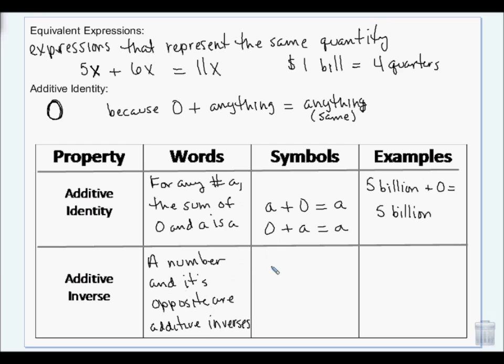So if you do A and you add to it the opposite of A, or negative A, you get 0. Other examples of additive inverses, I could do 3 and negative 3, or 10 and negative 10. Basically, any positive and negative of the same number are additive inverses.